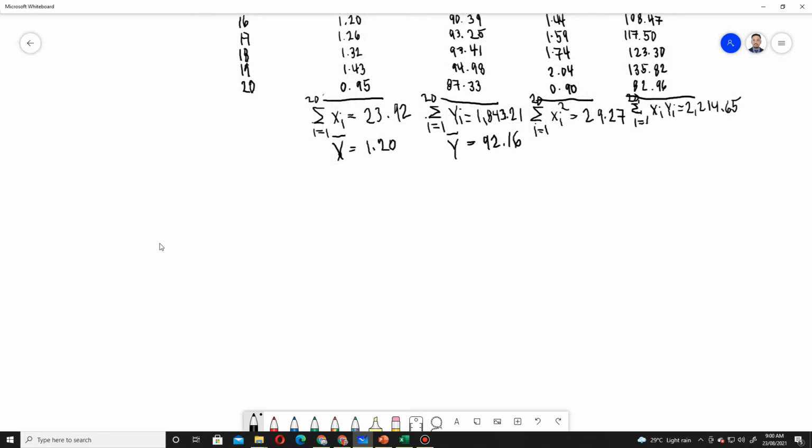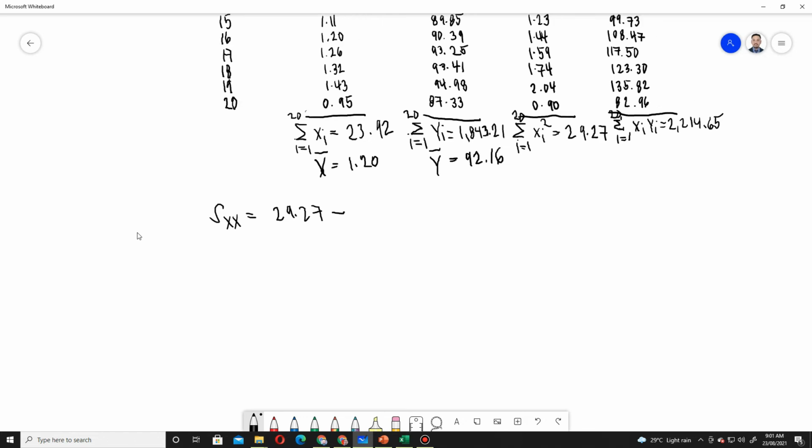Now we plug in to our formula for s sub xx. We have the sum of x sub i squared as 29.27 minus our sum of x sub i, 23.92, and then square it all over n, which is 20.